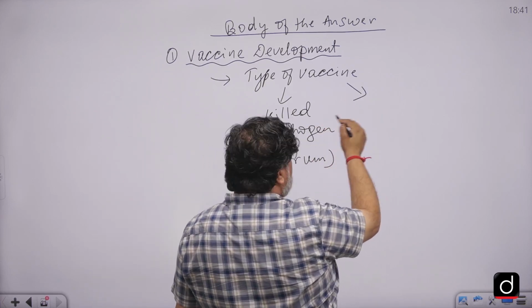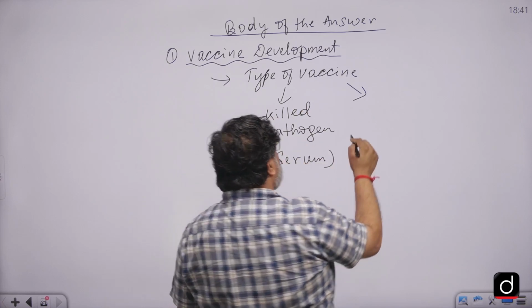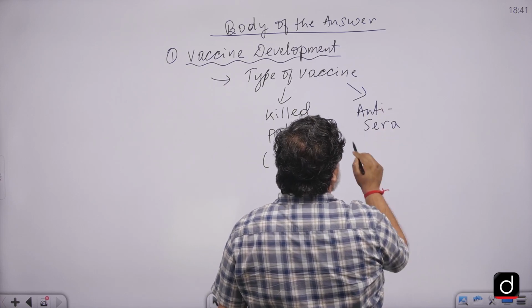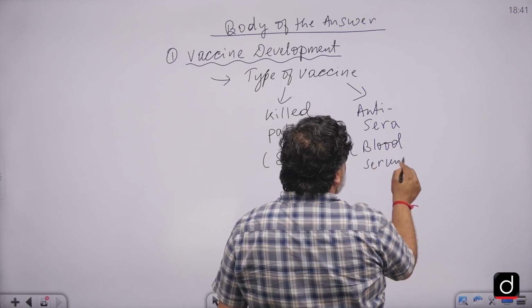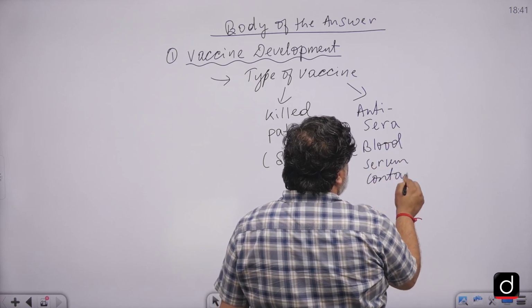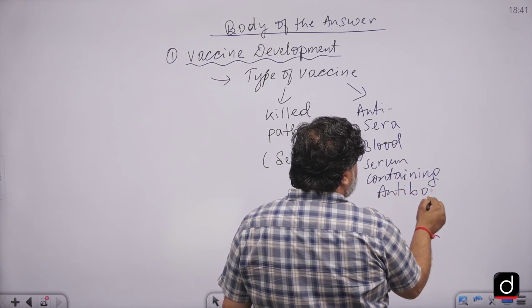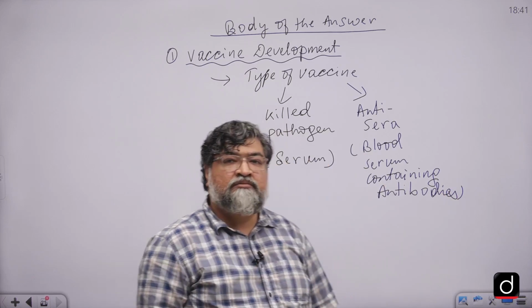If we want to make a vaccine, it could also be anti-sera. What is anti-sera? That is a blood serum containing antibodies, which the person gets, so directly they can get antibodies inside the body through the vaccine, and those antibodies can fight.